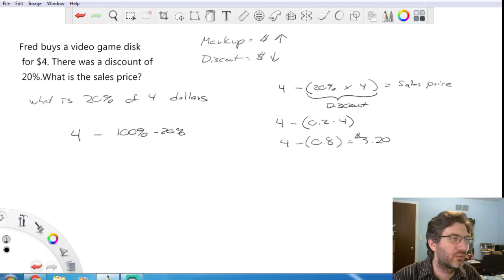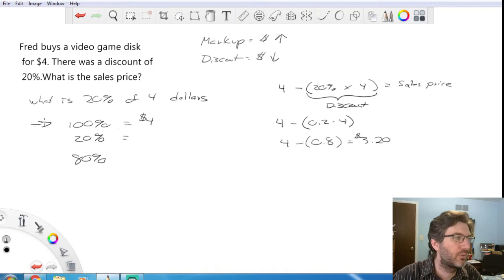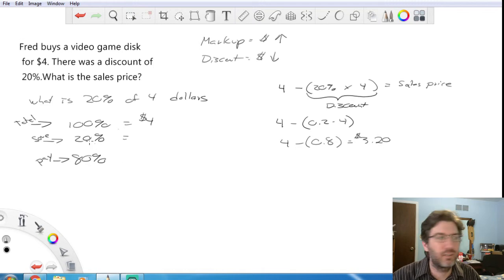What I'm going to do is subtract 20 from 100. So if 100% of the object equals $4, and I save 20%, that means I am paying 80%. This would be total, this would be saves, and this would be how much you're paying. If I'm saving 20%, then I'm paying 80%.